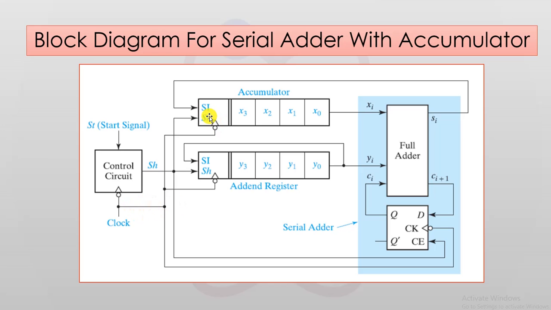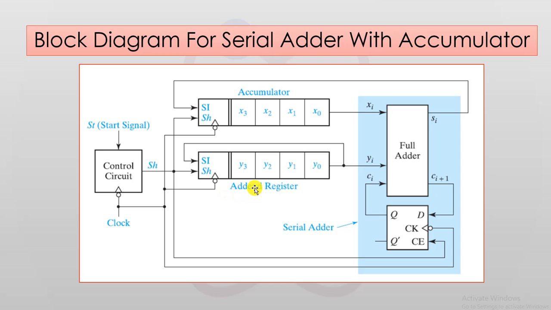When SH is equal to 1 and an active clock edge occurs, the contents of SI are shifted to X3 in the accumulator and the contents of SI are shifted into Y3 in the add-in register. Also at the same time, the contents of the register are shifted one position to the right.